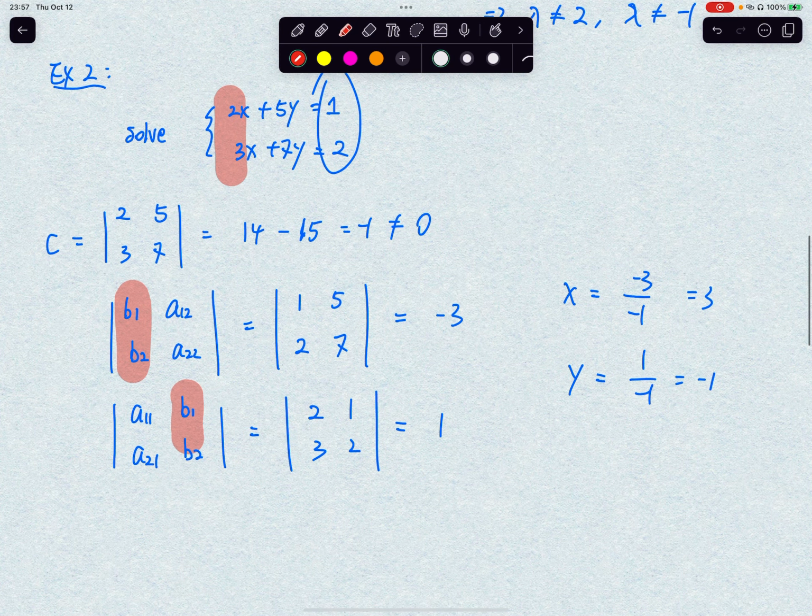Similarly, if we replace the coefficients of the second variable by the right-hand side, we can yield another solution, another denominator of the solution.